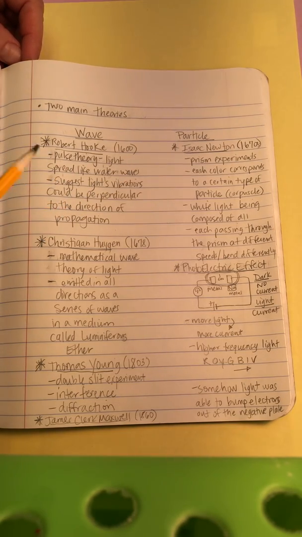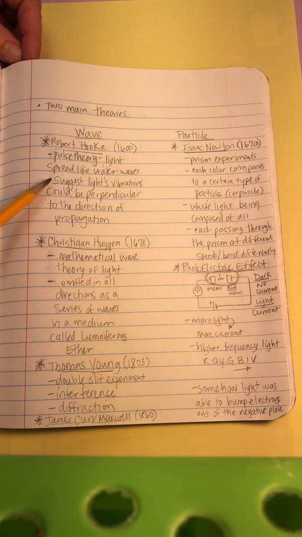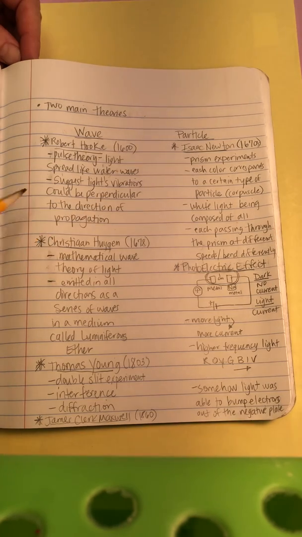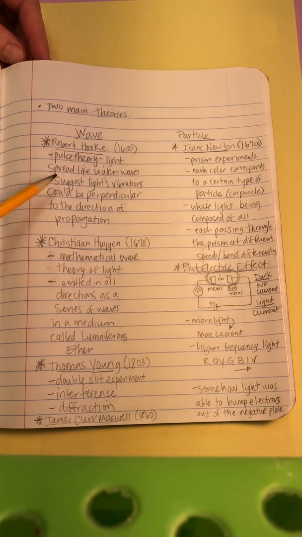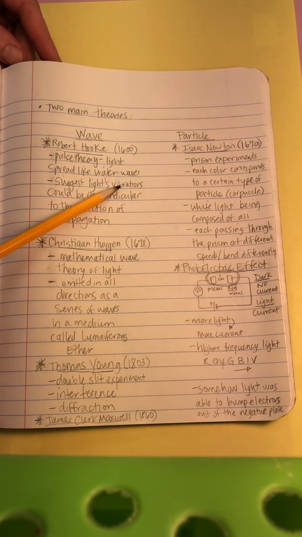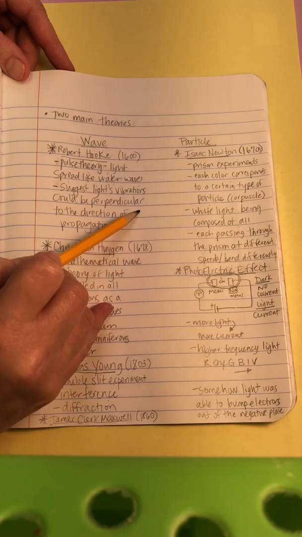If you think of a water wave, the way that you drop a little pebble in the water and then it begins to move out in that wave-like manner, he suggested that light was doing the same thing. And he suggested that light's vibrations could be perpendicular to the direction of propagation. So if you remember transverse waves, your oscillation is going to be perpendicular to the propagation of the wave.